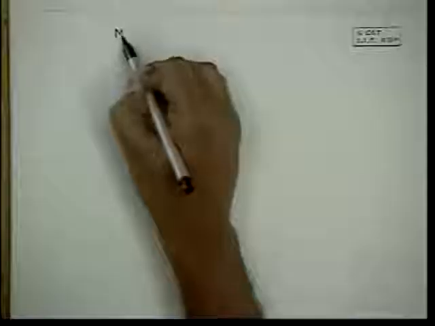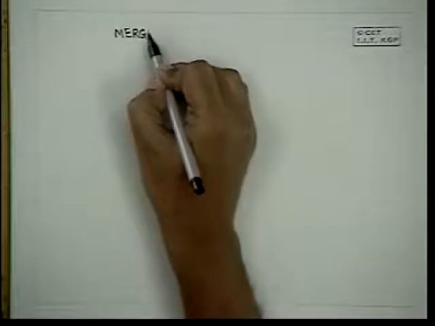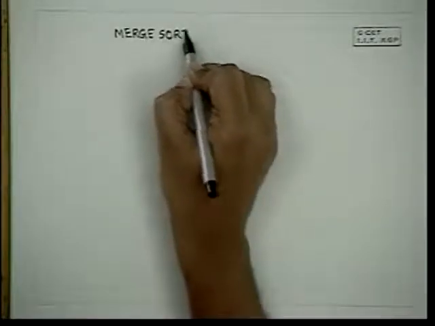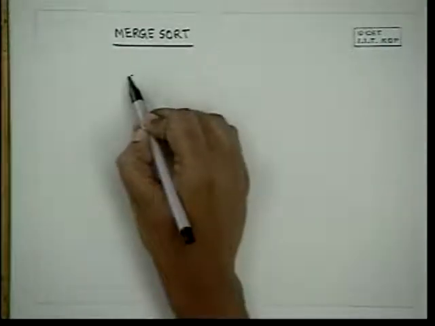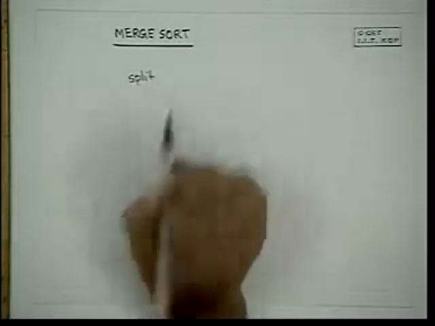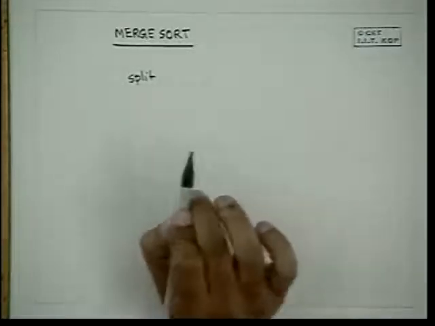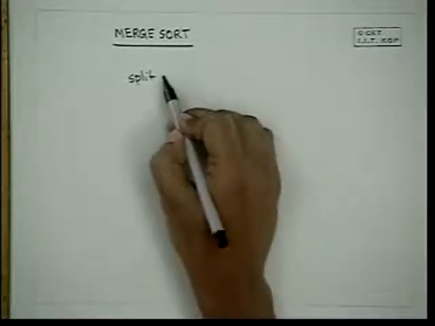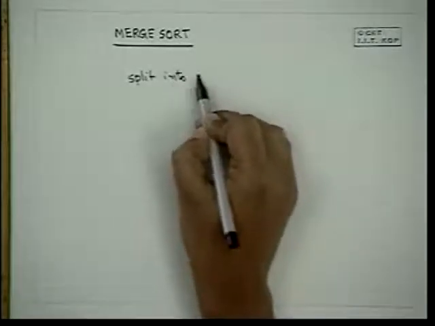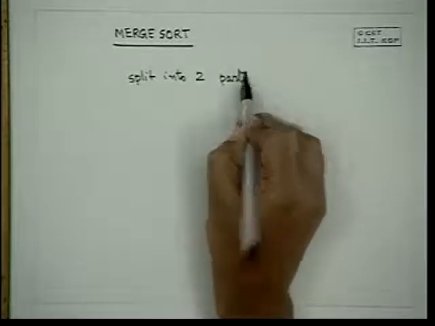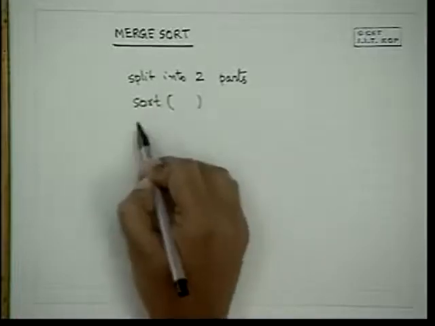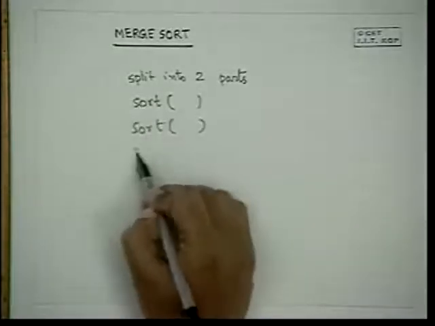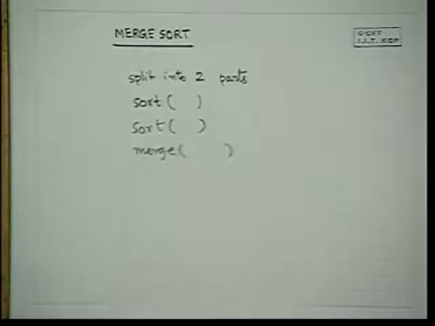Let us see the merge sort problem. If you remember, the merge sort problem was, if we split into two parts, equal parts or unequal parts or whatever, split into two parts and then sort individually and then merge the two sorted lists.